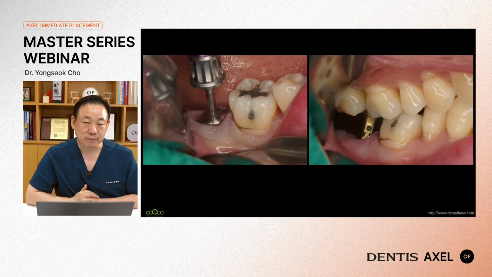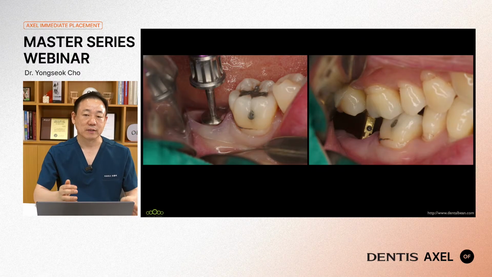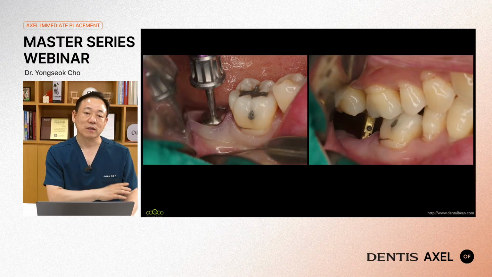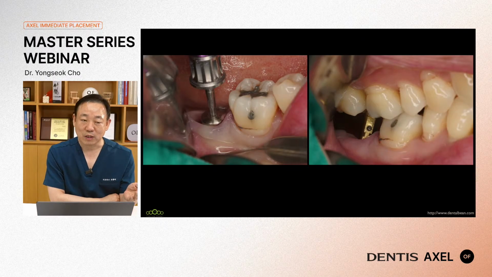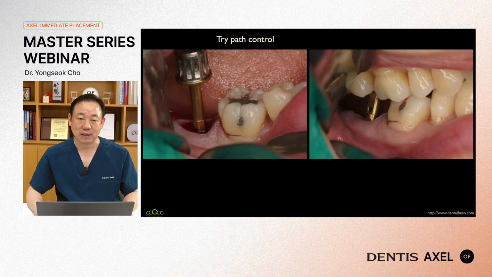When the opposing tooth is tilted or elongated, depending on the option, you do an endo crown or just enameloplasty. You must aim the lower implant axis toward the opposing tooth. In this case, I decided to tilt slightly backward, so simply control the path.